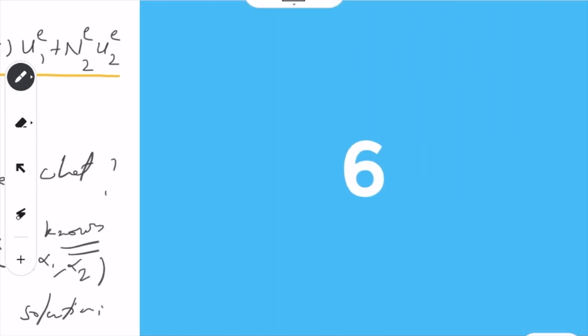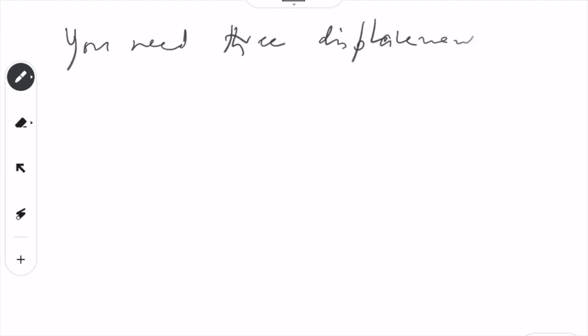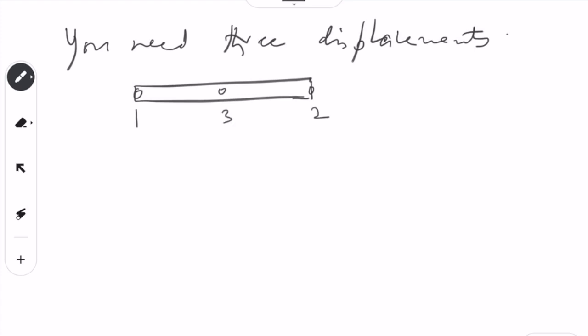So you need 3 constants or displacements. Instead of having displacement values at 2 places, if you have them at 3 places you can do it. So something like this: this is one element only, but it has 3 nodes. Let's call them 1, 2 and 3.